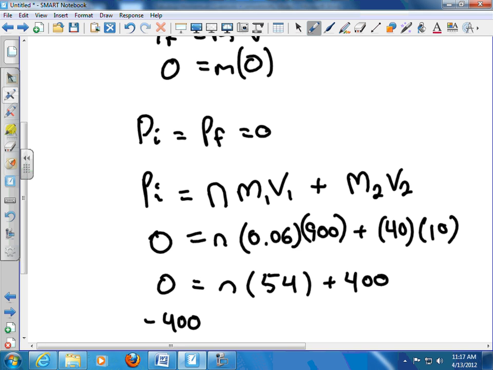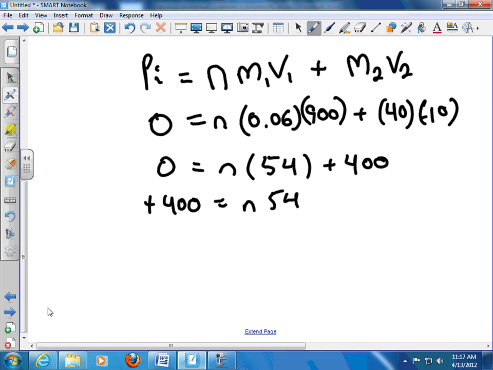Oh, sorry. One of these is going to be positive, one is going to be negative, our velocities. So that'll be a positive 400, sorry. So N times 54 equals 400. Divide on both sides, and we get N equals 7.4. So 7 bullets. So it'll take 8 bullets to stop him. And at 8 bullets, he'll actually be going backwards.